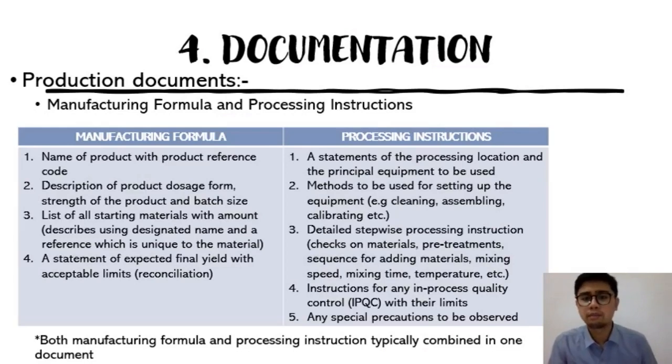Then the processing instruction comprises details of processing location, equipment and methods used for equipment setup, step-by-step manufacturing instruction, in-process quality control instruction and acceptance limit, and also the special precautions to be observed during the processing.